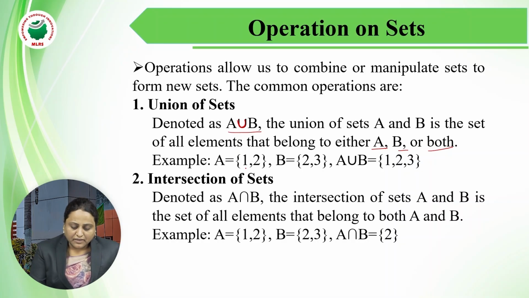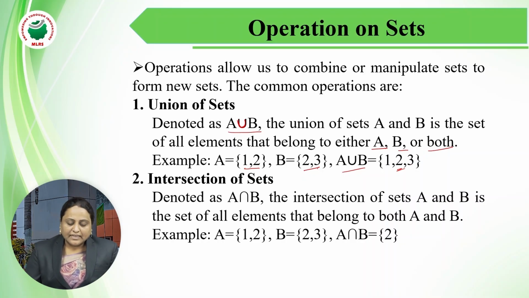In this example, A has two elements 1, 2 and B has two elements 2, 3. Then A union B is the elements present in A or B or both. We'll take 1, 2, and in B, 2 is there, but 2 is already considered, so we go for the next element 3. So A union B is 1, 2, 3.